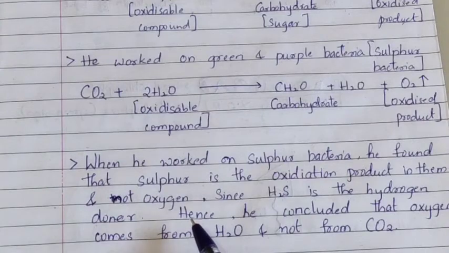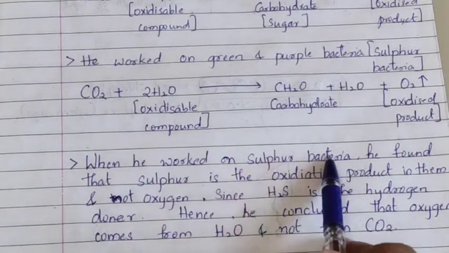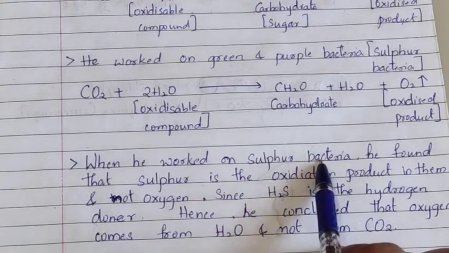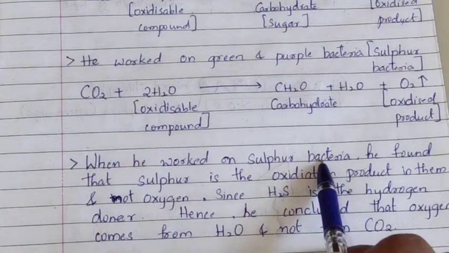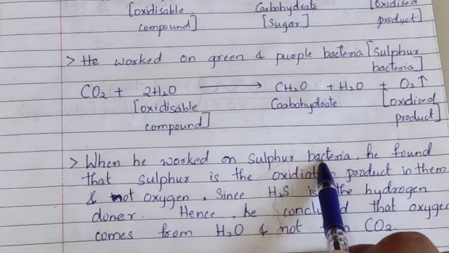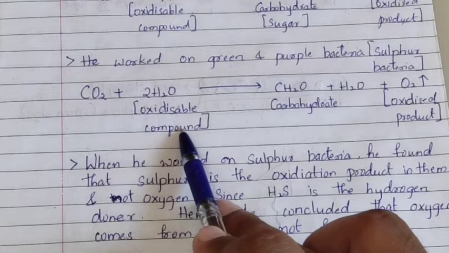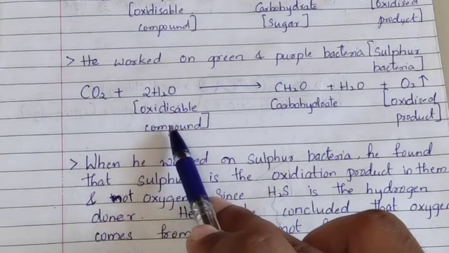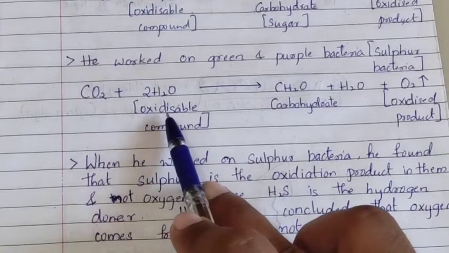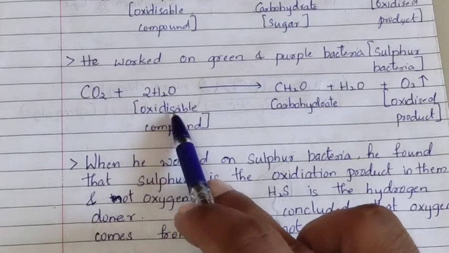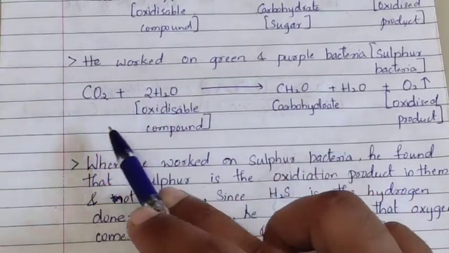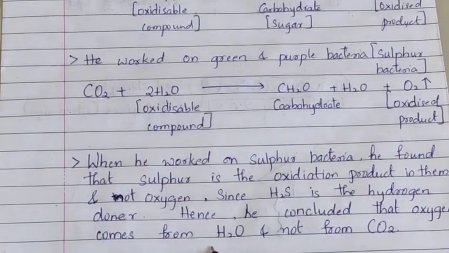So what Cornelius Van Niel did was work on sulfur bacteria, which use hydrogen sulfide as the oxidizable compound, not water, right? In order to find out whether the liberated oxygen is coming from carbon dioxide or water, because oxygen is present in both, we want to find out where it is actually coming from.